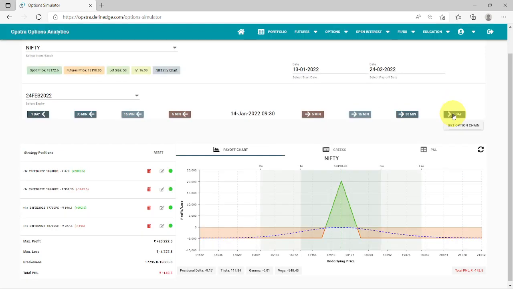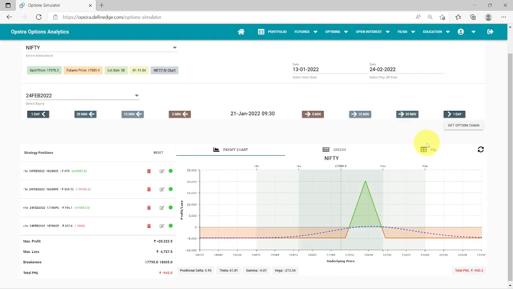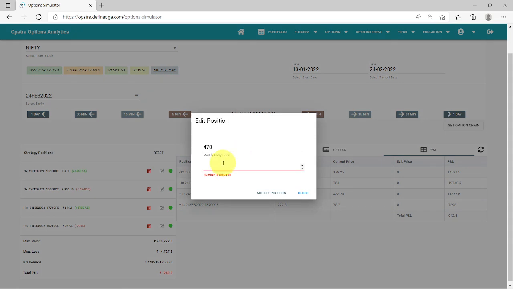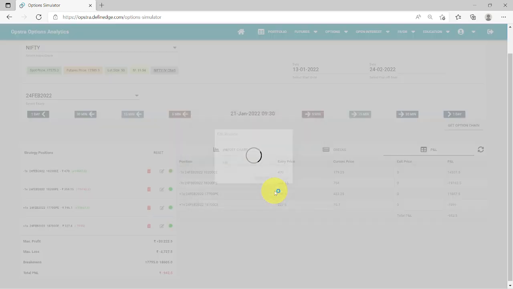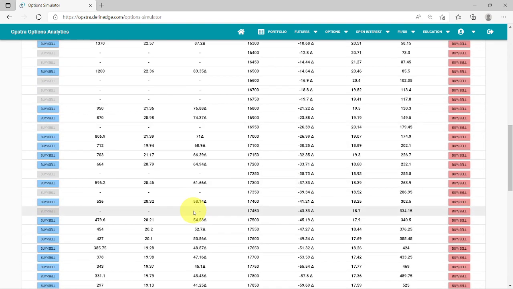We'll start monitoring at 9:30 from the next day. It's getting breached here. We're booking profit at 180 on the call, and we are going to sell the 17,600 call option.